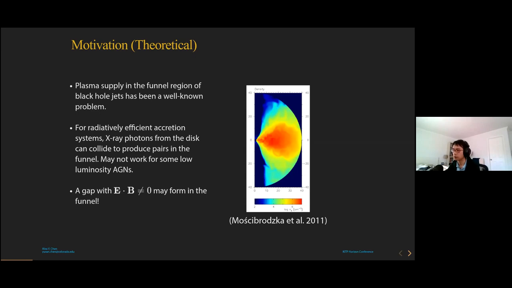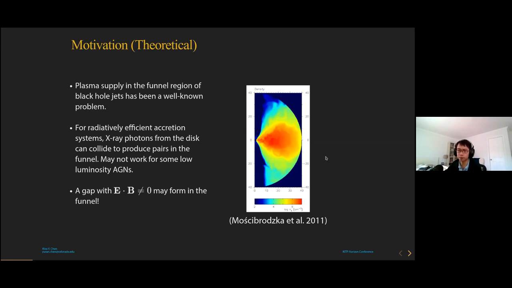So radiatively efficient disks can usually produce very bright radiation, and some X-rays can annihilate to create pairs in the funnel. But for low luminosity AGNs, especially like M87 and Sgr A*, that may not be an option. This is a plot from Monica's paper back in 2011.